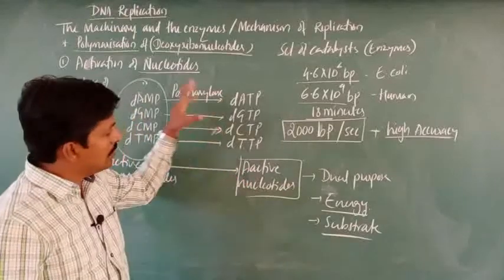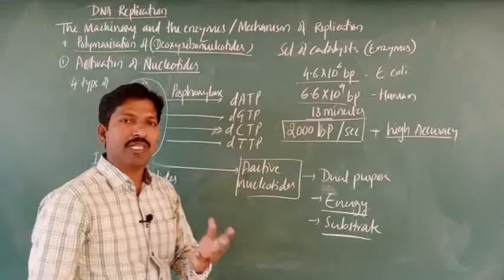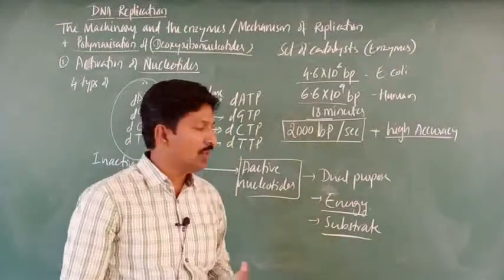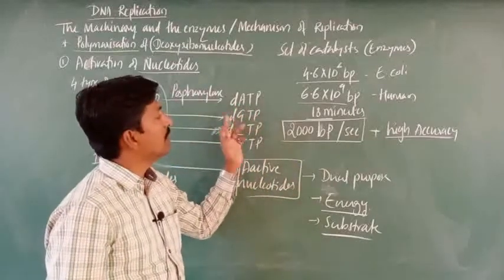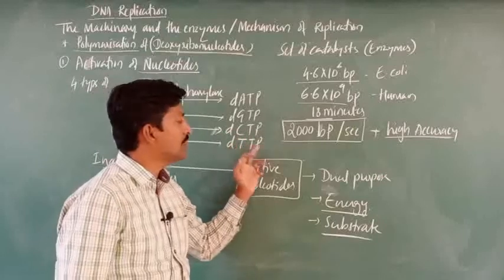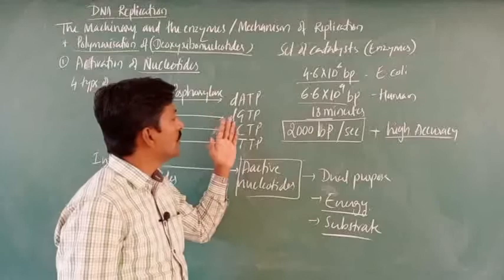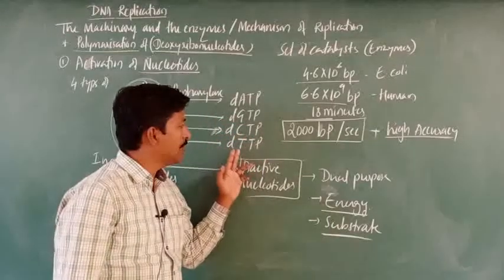This is one of the metabolic activities, so there should be a requirement of ATPs. In the same way that ATPs serve the metabolic activities, here also we have ATP, GTP, CTP, TTP: deoxyadenosine triphosphate, deoxyguanosine triphosphate, deoxycytidine triphosphate, deoxythymidine triphosphate.